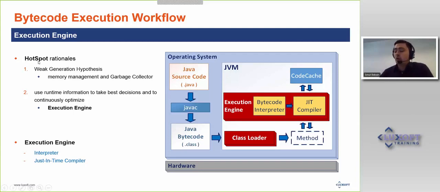Just to let you know, when the HotSpot was created, the people that developed it and started to work on it had in mind two rationales. The first one was the weak generational hypothesis, which means that most of the objects that are created, the majority of them, become unreachable soon, which means that once I've created an object, I expect that object to be eligible for the garbage collector.